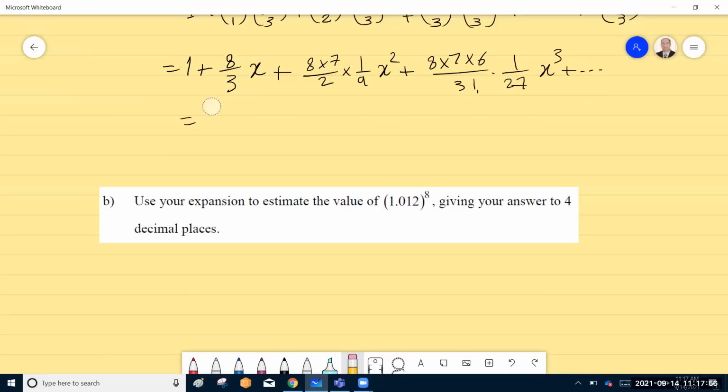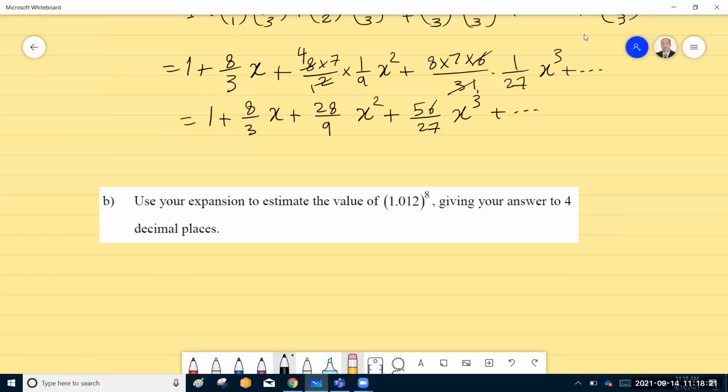As you see here, 1 plus 8 over 3 x plus 4 times 7, 28 over 9 x squared, plus 3 factorial is 6, which cancels with 6. So you will have 7 times 8, 56 over 27 x to the power of 3, plus and so on.